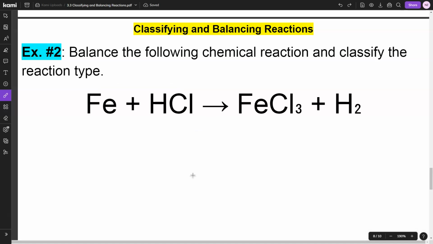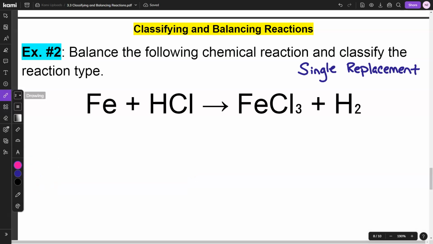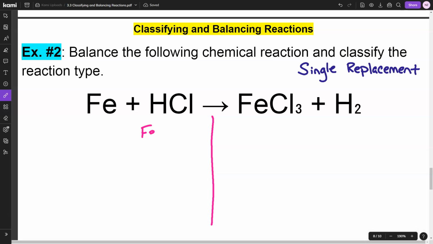So this is a single replacement reaction. All right, and this one is a doozy. So let's split it in half and let's list out all of our atoms.